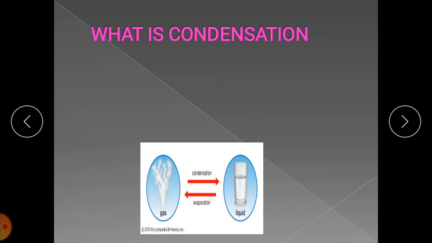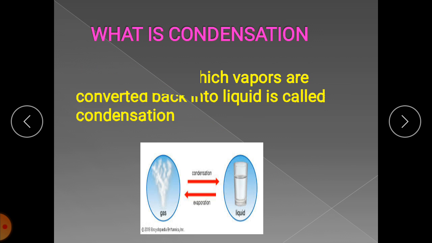What is condensation? Condensation is opposite to the evaporation. The process in which vapors are converted back into liquid. In evaporation, we discussed that when liquid is converted into vapors, and now vapors are converted back into liquid. Okay.